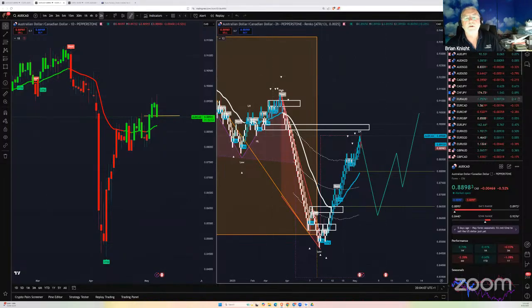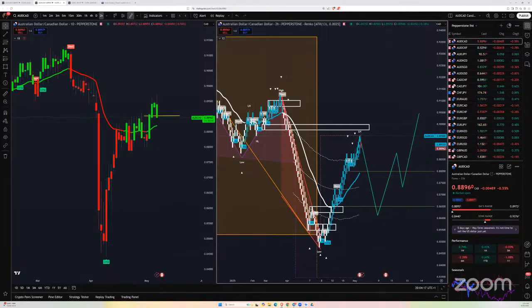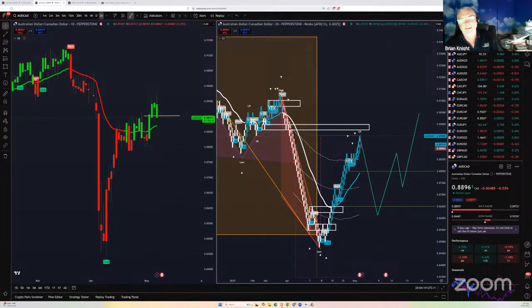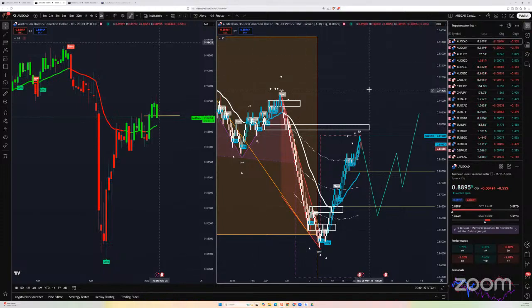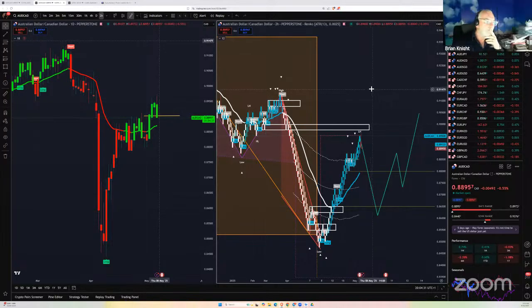Can you see my, oh no, what am I sharing? Am I sharing TradingView? Yeah, I can see it. Okay, good. Normally the share bit goes over onto this screen, but it's staying over here anyway. Your camera froze, but it's back now.